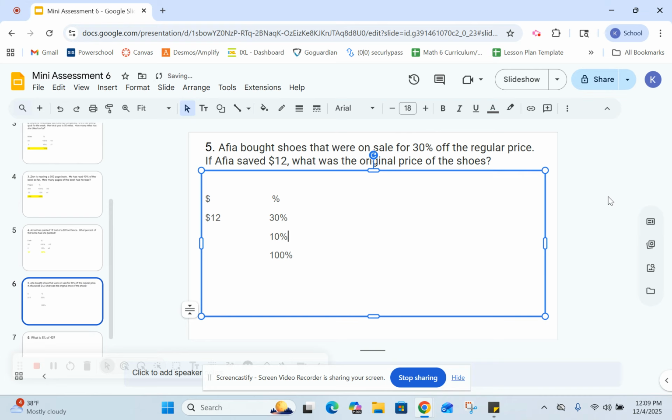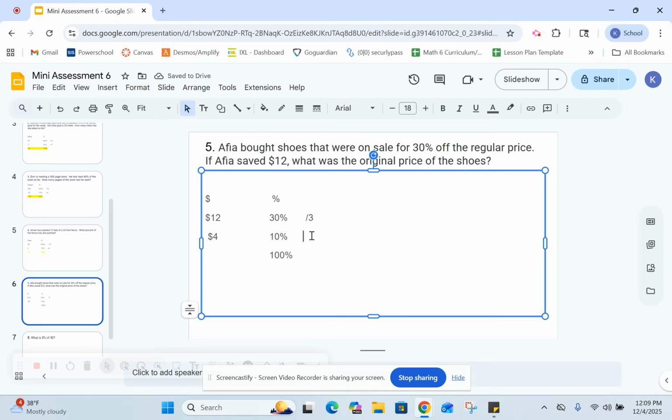That's right, 10%. If $12 is 30%, how would I go down to 10%? That's right, divide by 3. $12 divided by 3 is $4. So $4 is 10%, but we want the total cost, so we want to go to 100%.